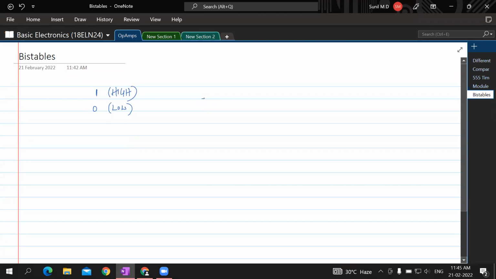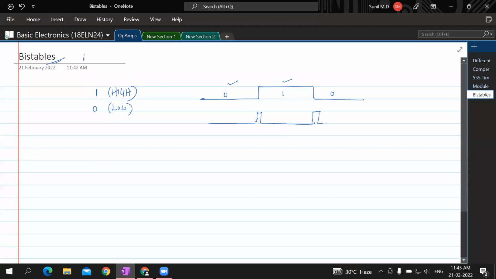Suppose there is the zero state, the output will continue to be zero as long as there is a trigger which wants to make it one. Once the trigger makes it one, it will stay at one till there is another trigger pulse which makes it go zero. So both 0 and 1 states are stable. That's why it's called bistables.